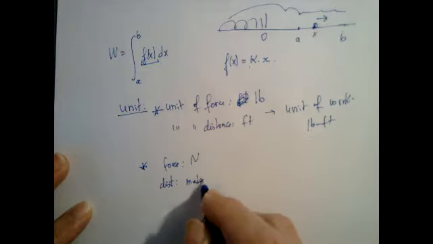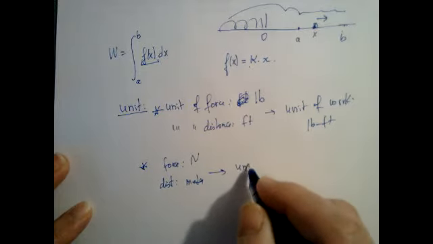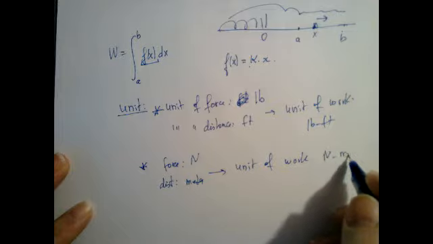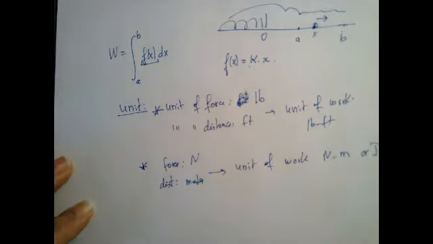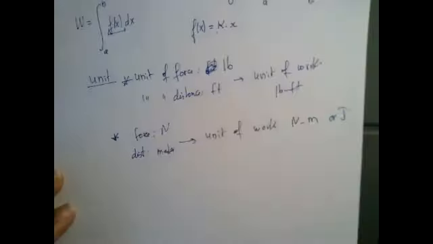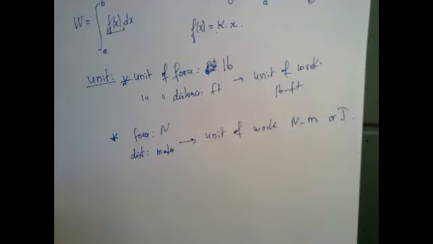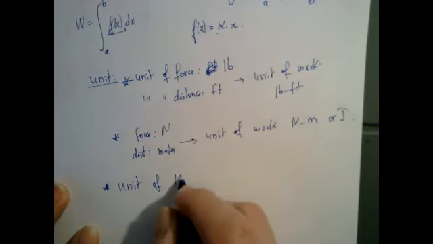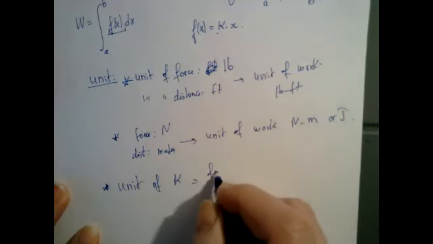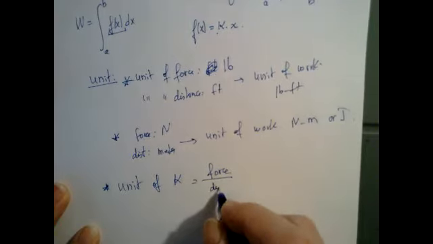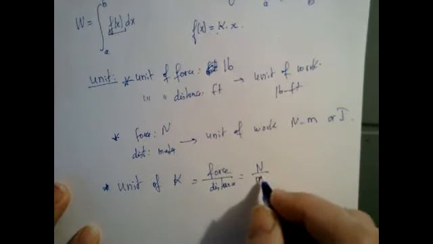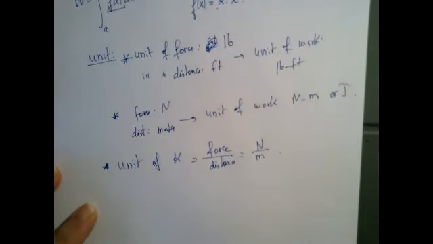Distance, meter. Unit of work, Newton meter or joule. All right, that's what we did yesterday. And the unit of k: after I left you yesterday, I realized I did something wrong with the unit of k. As I said yesterday, it's force over distance, so the unit is Newton per meter. So that's the unit of my k.